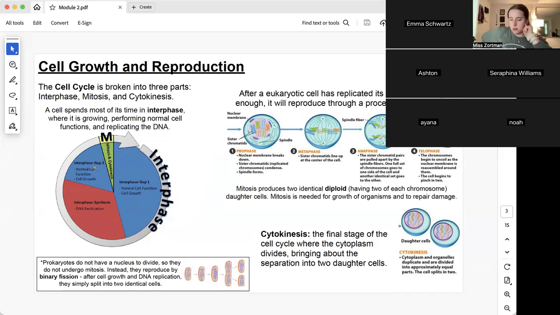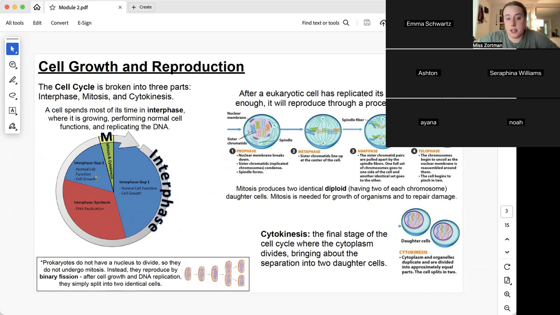G1 and G2 are pretty similar in what's happening there. So that's why both of those are colored blue. The S phase or synthesis phase is probably the most important phase because this is where the DNA is replicated. So this is where we're going to take our DNA and completely copy it so that we have two copies.